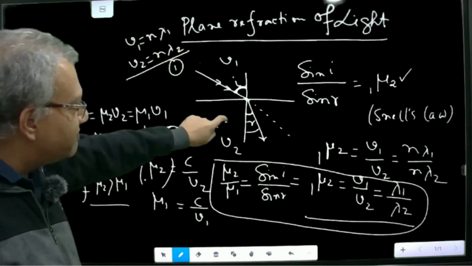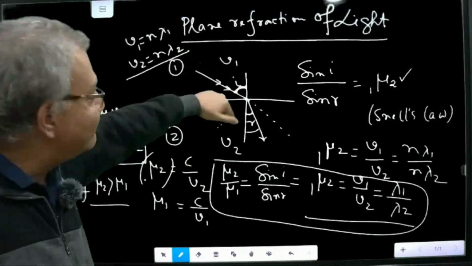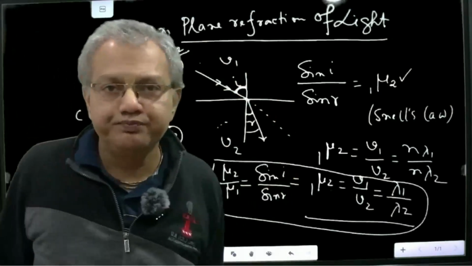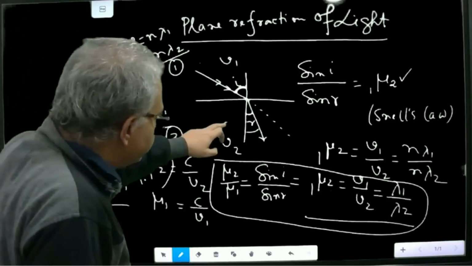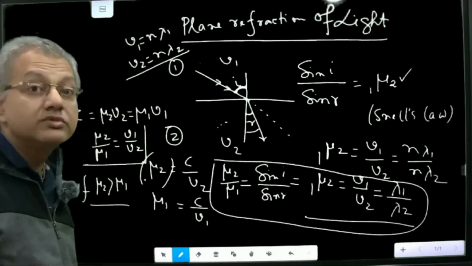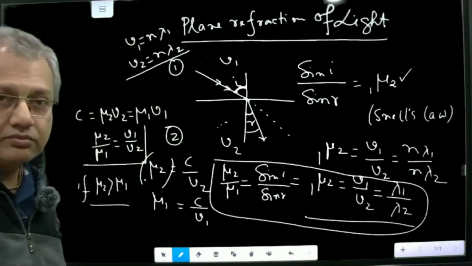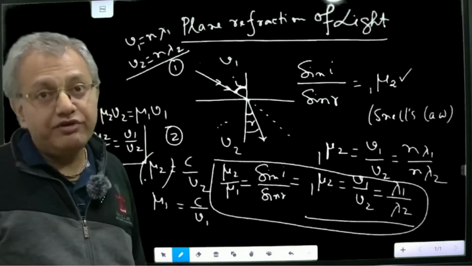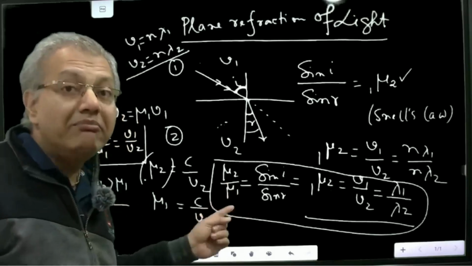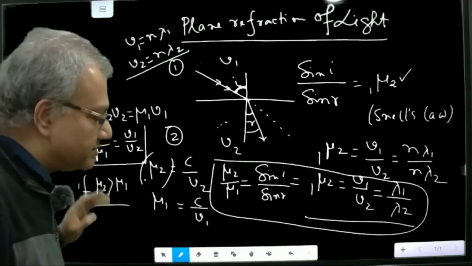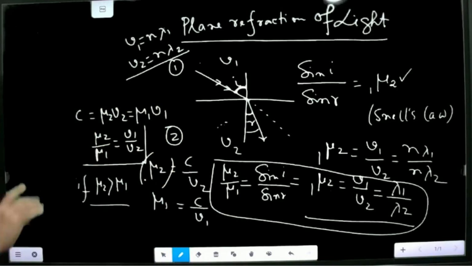So medium 2 is optically denser than medium 1. Simple. Why? Because the absolute refractive index is more. There is no connection with the mass density, you have to remember that. Everybody clear?